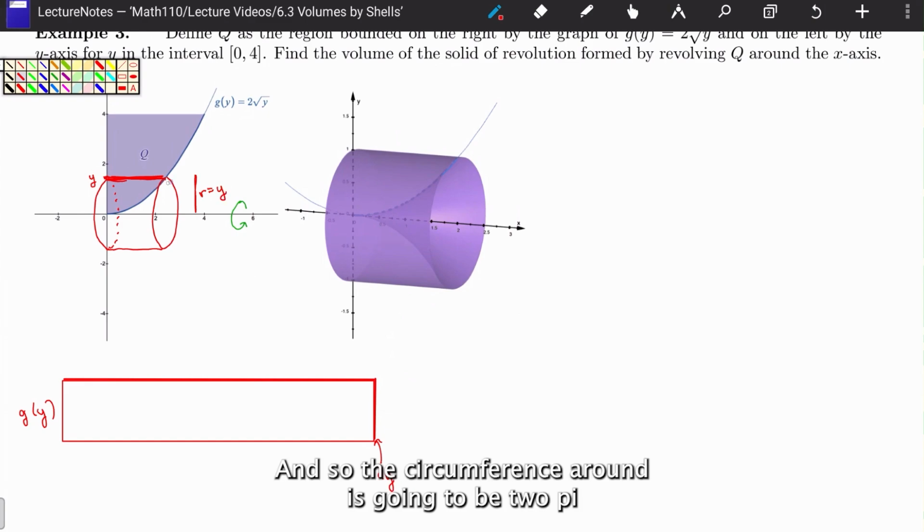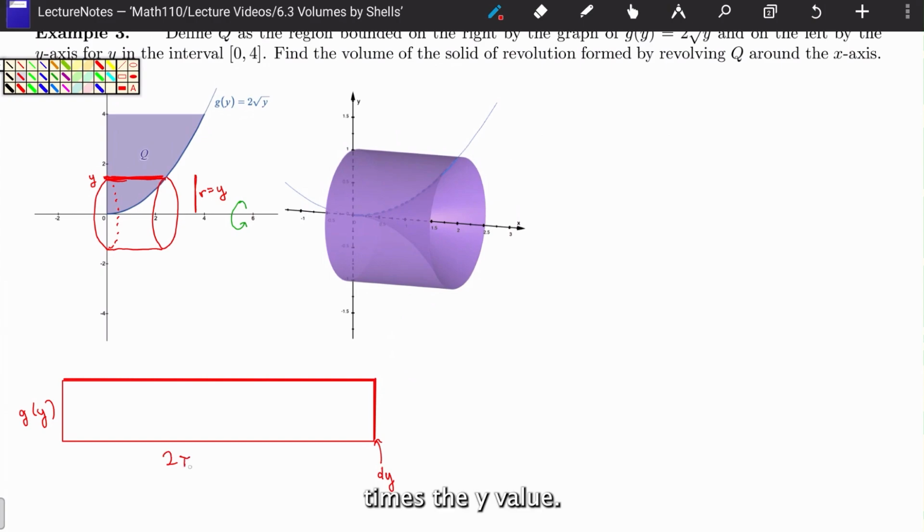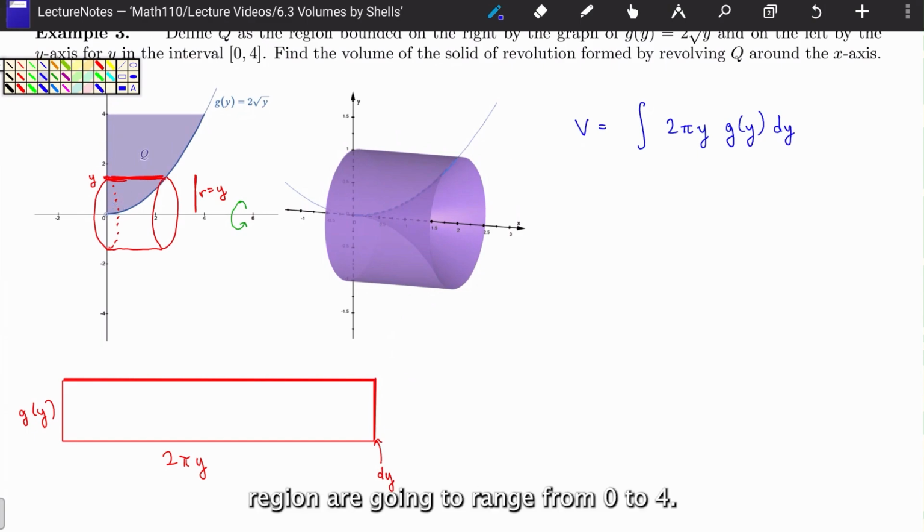And so the circumference around is going to be 2 pi times the y value. So to calculate the whole volume, I'm going to be integrating 2 pi y times g of y times dy. And my y values in this region are going to range from 0 to 4.